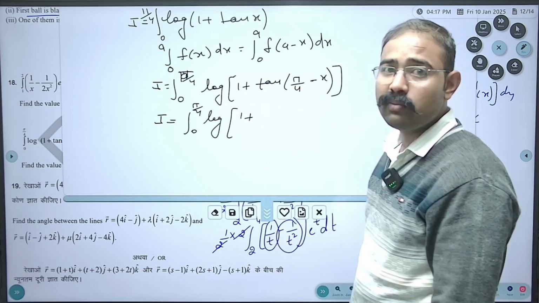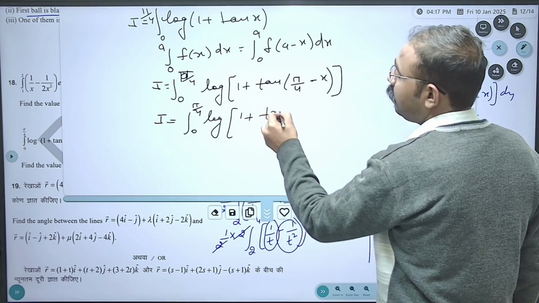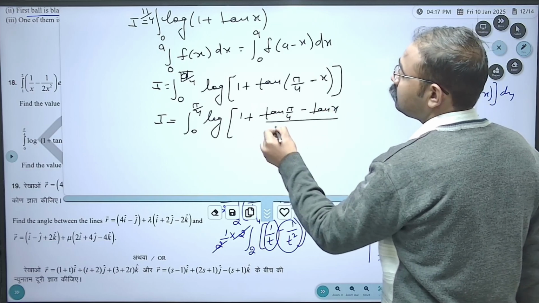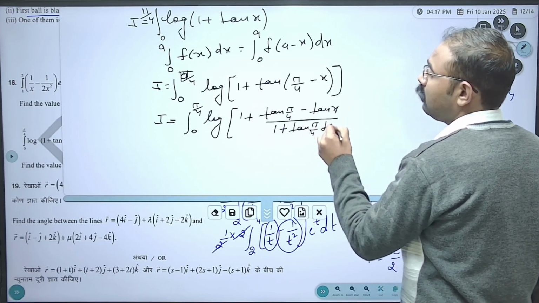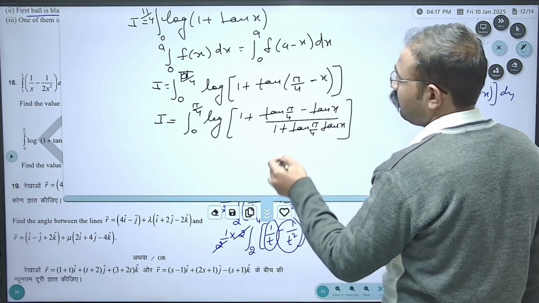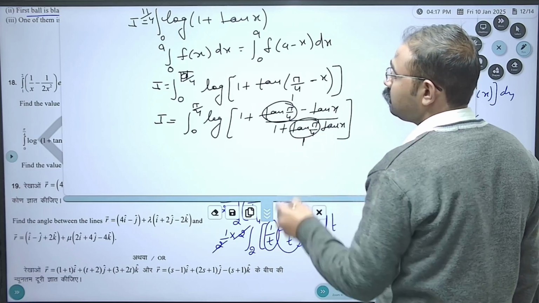We will apply this formula here, tan(a minus b). Then tan a means tan pi by 4 minus tan b means tan x, upon 1 plus tan a means tan pi by 4 and tan b means tan x. Value of tan pi by 4 is 1.